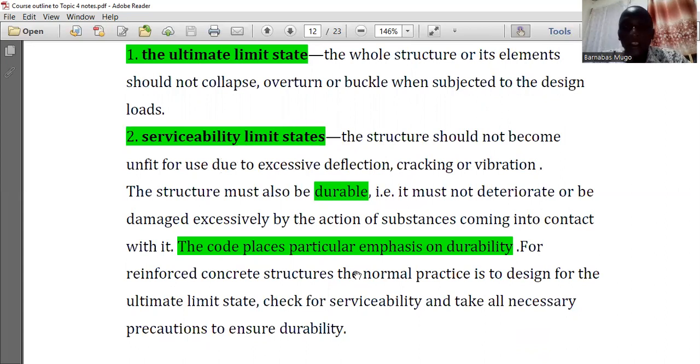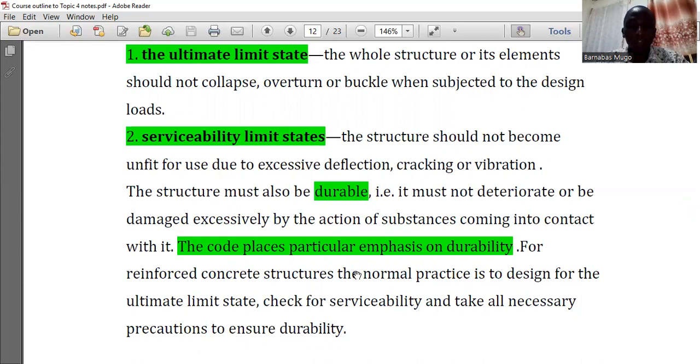For example, the structure should not become unfit to use due to excessive deflection, excessive cracking, or excessive vibration. That is, whoever is occupying that structure, be it water or people, it should be comfortable. There is a comfortability aspect that comes with it.